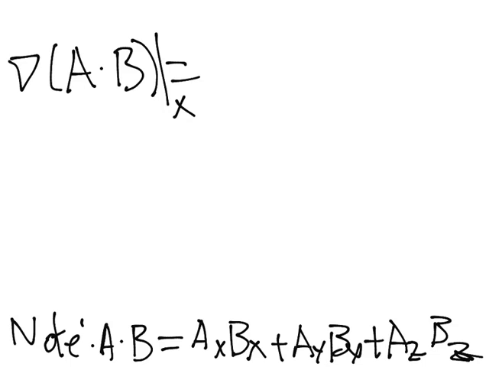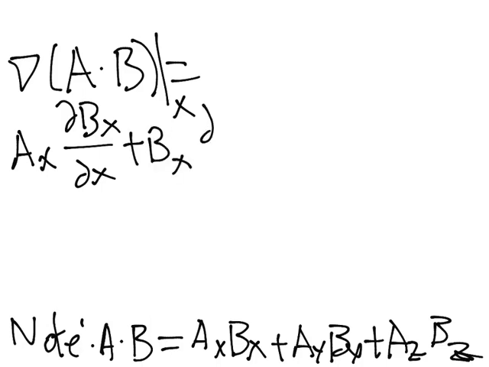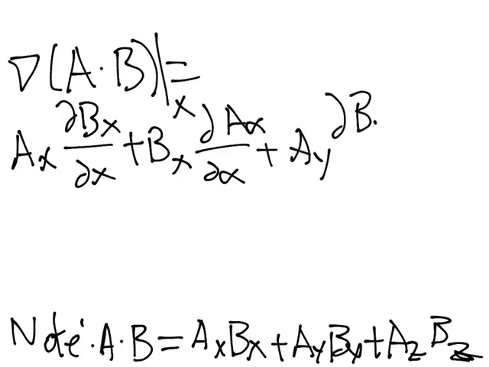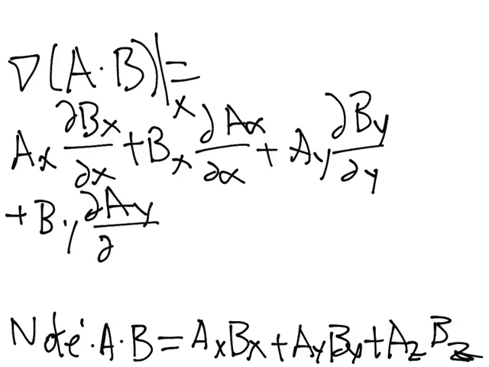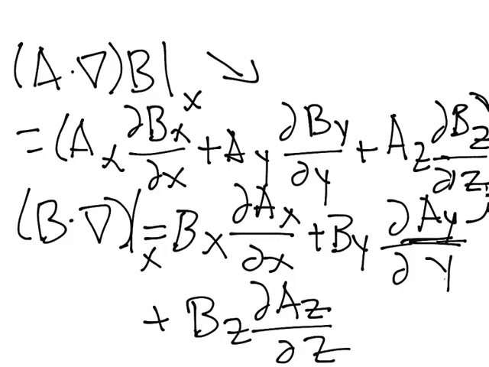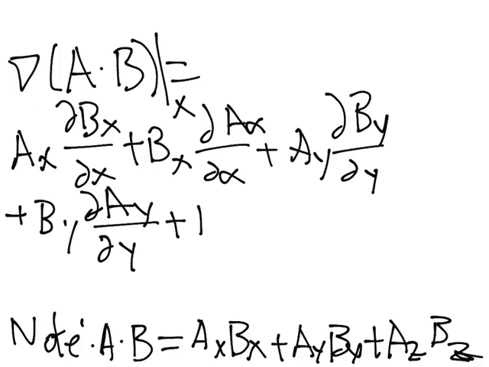So in the x direction, at least, this will be equal to ax times partial of bx with respect to x plus bx partial of ax with respect to x plus ay partial by with respect to y plus, I guess we'll just do it down here, by partial ay y. Oh, my bad. Sorry, give me a second. I messed this up.